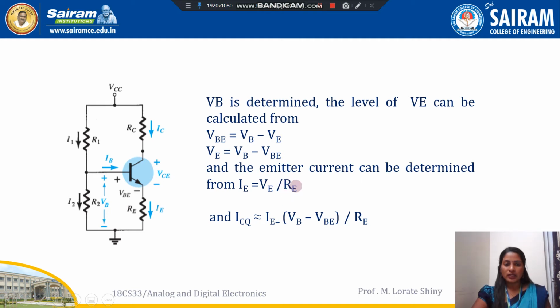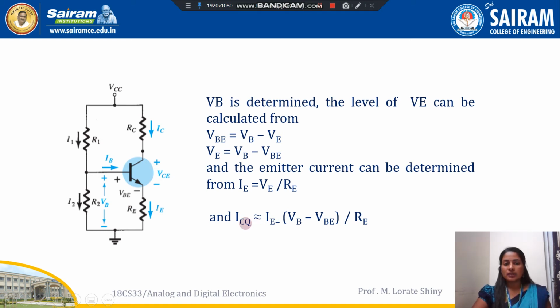RE we get from the circuit, and VE is equal to VB minus VBE. Substituting these, we get ICQ is equal to IE, that is VB minus VBE divided by RE. From this we have got one Q point, that is ICQ.